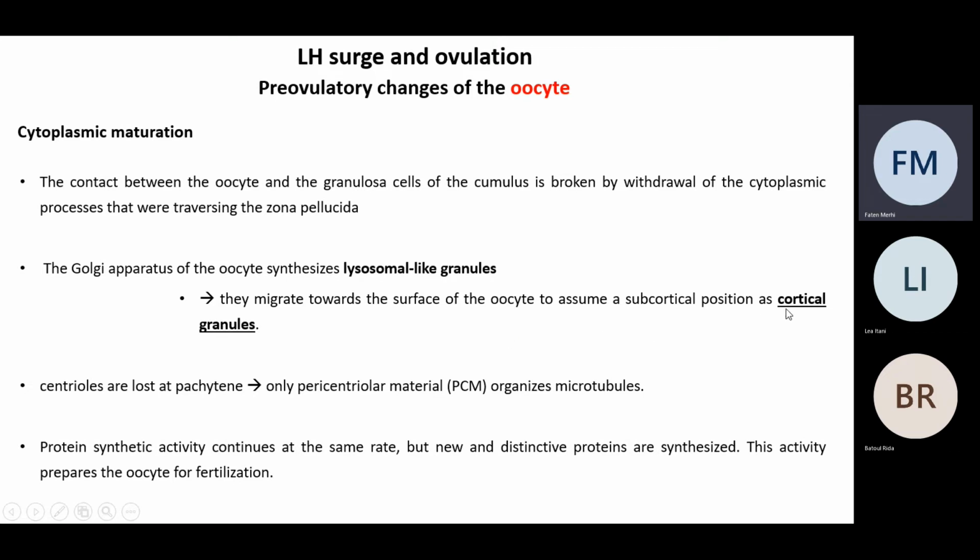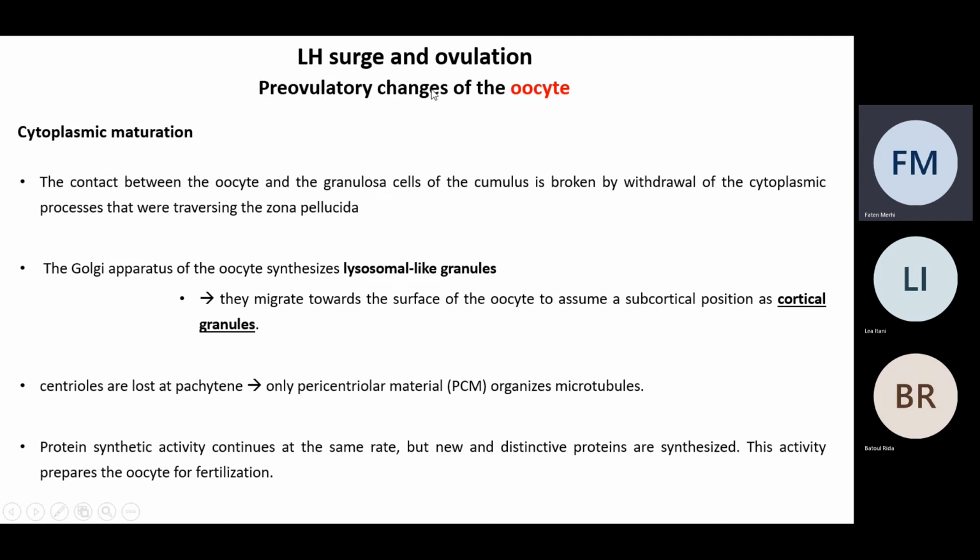those cortical granules will be released, and they will lead to a thickening of this zona pellucida, and in this way they will prevent the interaction of the other sperm cells with the zona pellucida and consequently with the oocyte.